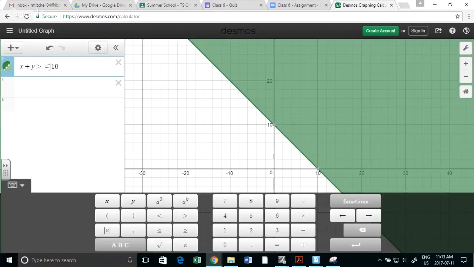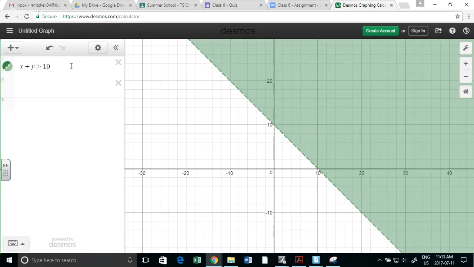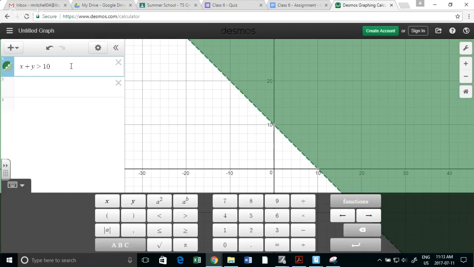If I take away this equals, notice how nothing changed, except the line itself went from solid to dotted. Here we have the greater than or equal to, here we have the greater than. So the shaded region doesn't change. The only thing that changes is the fact that the line went from solid to dotted and vice versa.